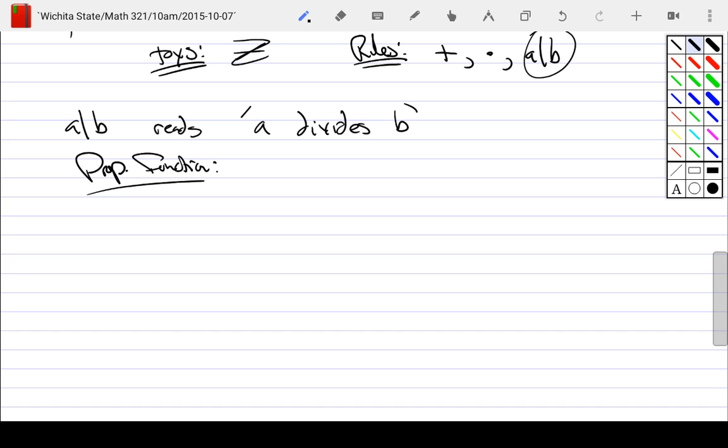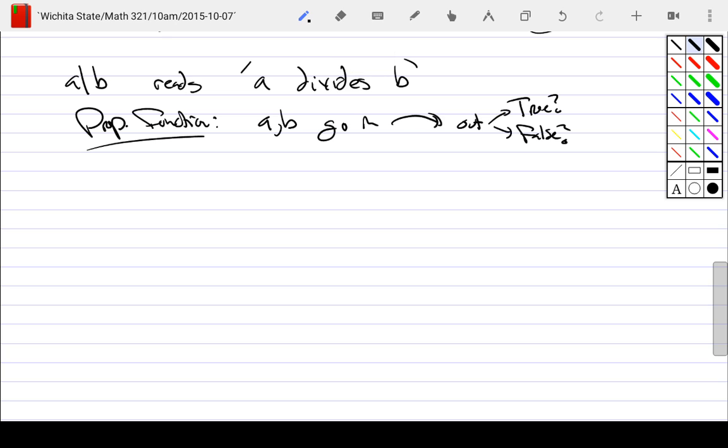True, false, which is really, I could say, yes, no. And so the idea here is A, B go in, and out is true or false. Right? The idea behind this is sharing.